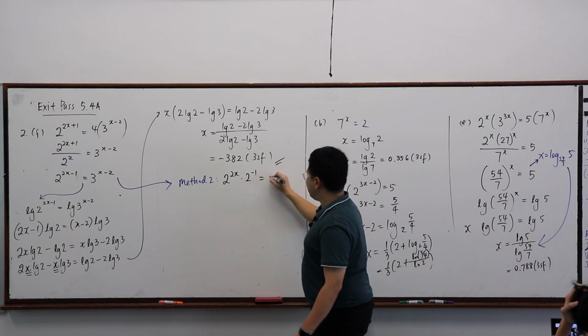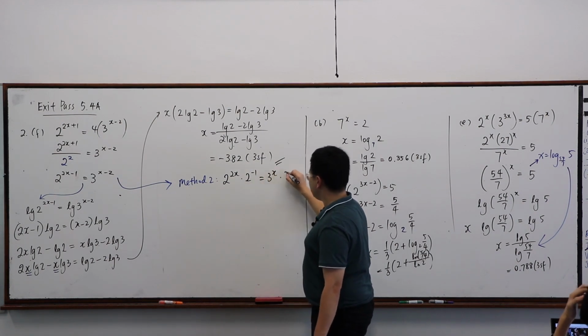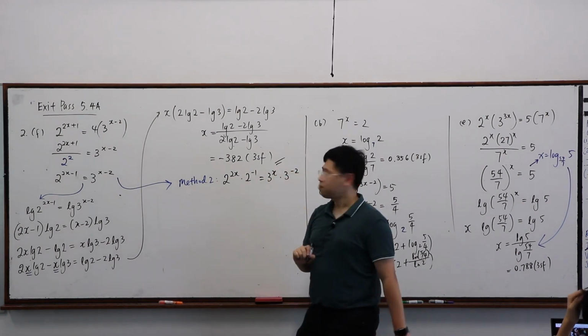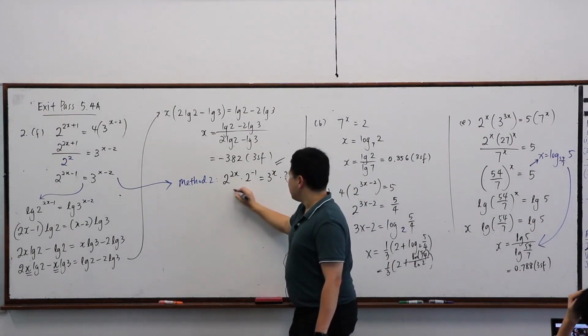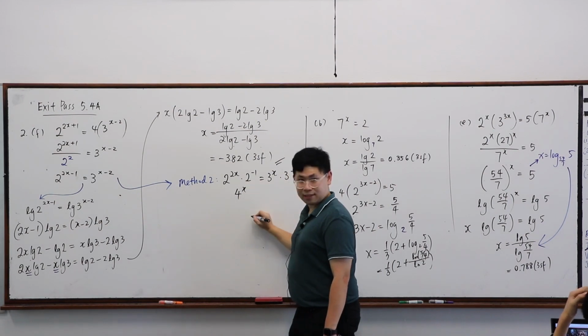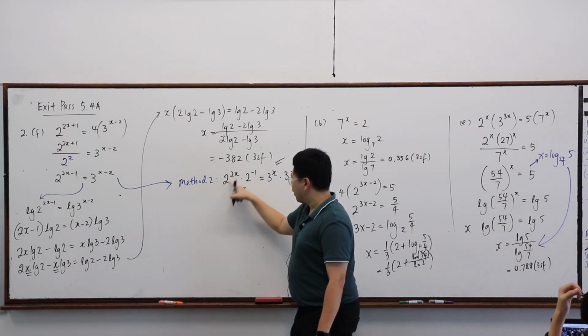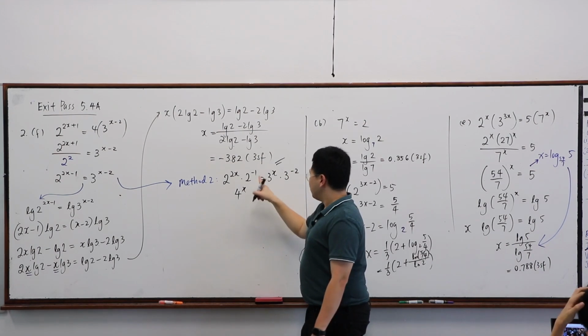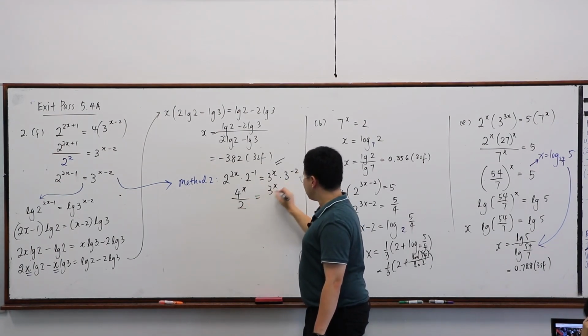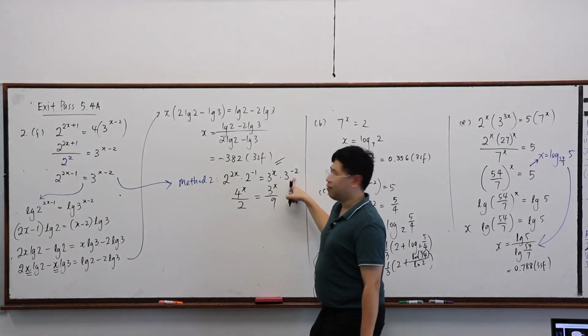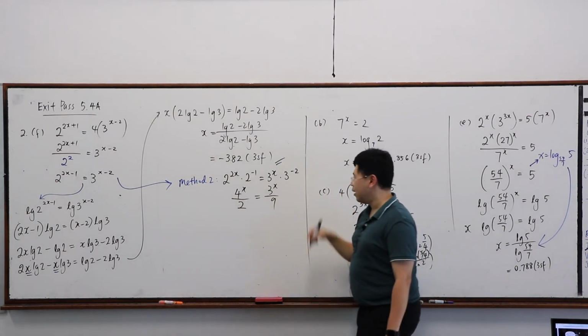The other one will be 3 to the power of x times 3 to the power of negative 2. Let me rewrite this nicely so that it is just x. So this is 4 to the power of x, right? 2 squared in brackets, with the x outside of the bracket. 2 to the power negative 1 is just divided by 2. Then I have 3 to the power x over 9, right? Negative 2, so divide by 9.